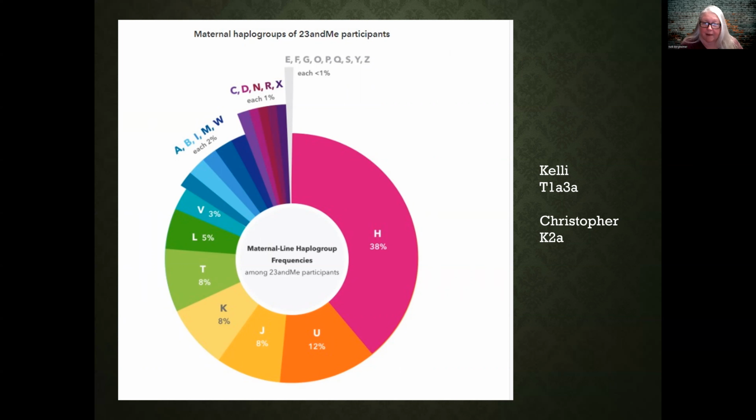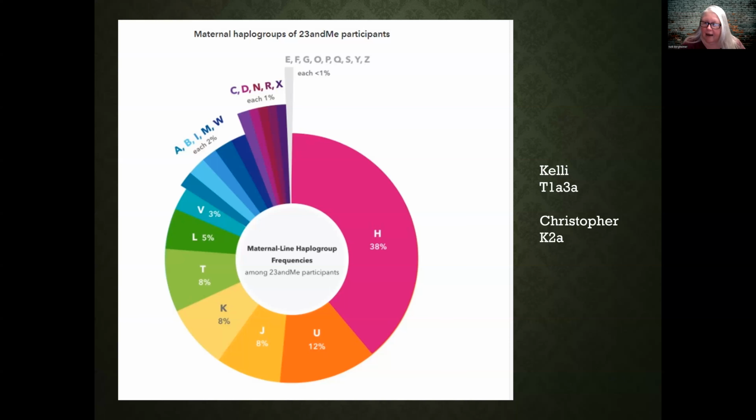In the predominantly American database, almost 40% are H, and then we have U, J, K, T, and work our way to some of the smaller ones. When you think about what our American database looks like, it is predominantly European based.